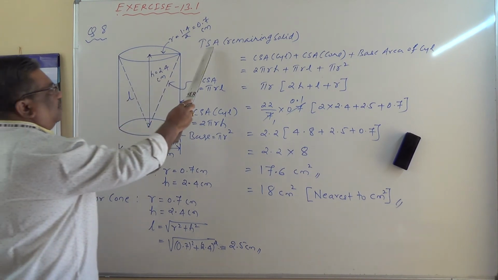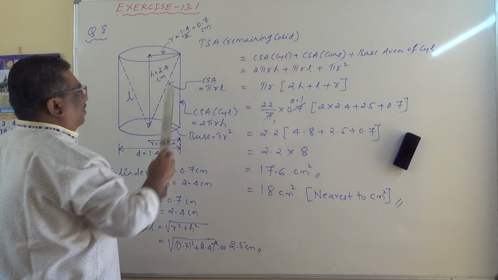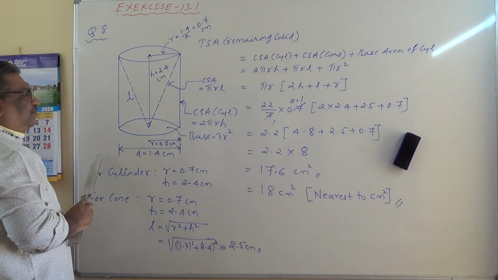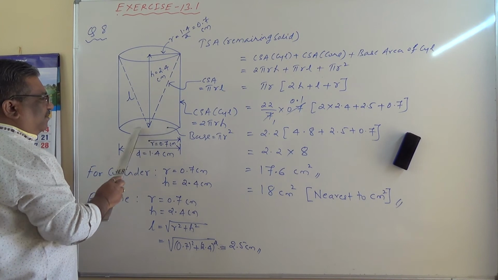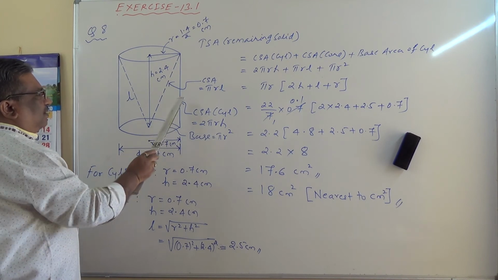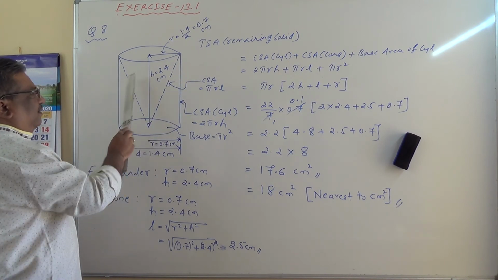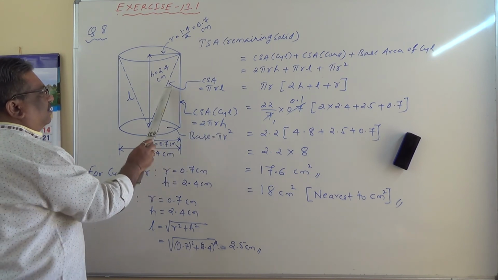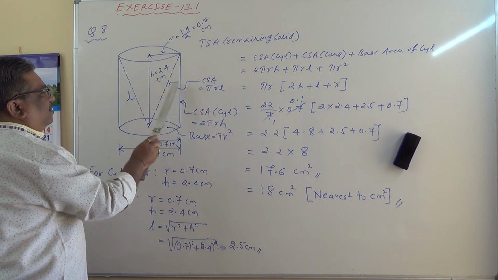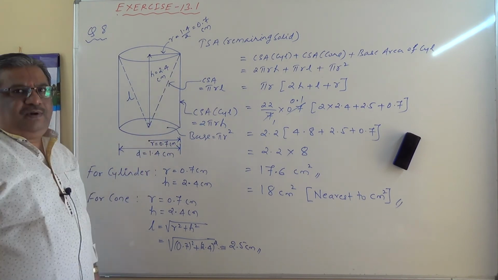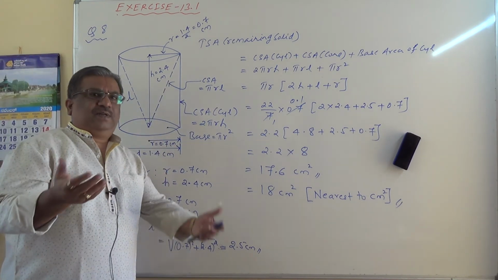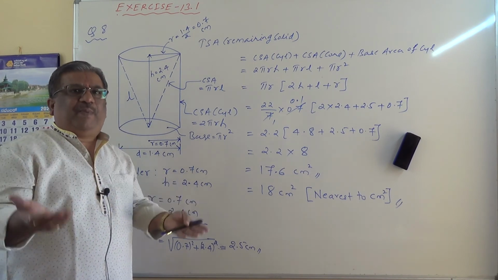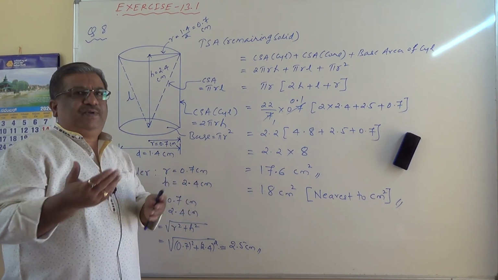So the total surface area of the remaining solid is equal to base area of the cylinder plus curved surface area of the cylinder, which is 2 pi rh, circumference into height, plus curved surface area of the cone. Inside curved surface area of the cone, because total surface area is nothing but wherever you are able to paint, that is the part which we have to consider.